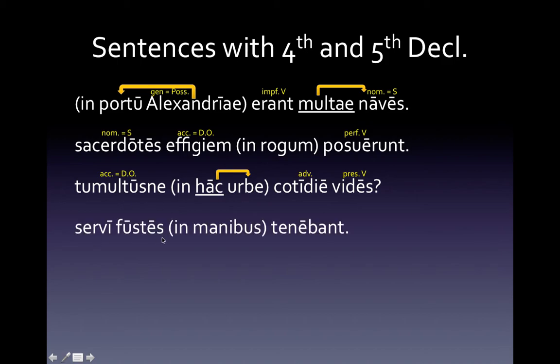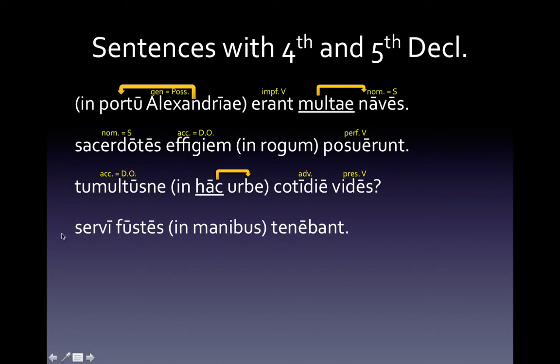All right, "Servi fustes in manibus tenebat." Servi, it ends in an I. That can be a couple different things. It could be nominative plural, could be genitive singular. So let's look at our verb. Our verb is plural. So most likely this is nominative plural. Fustes could be nominative plural. It could be accusative plural.